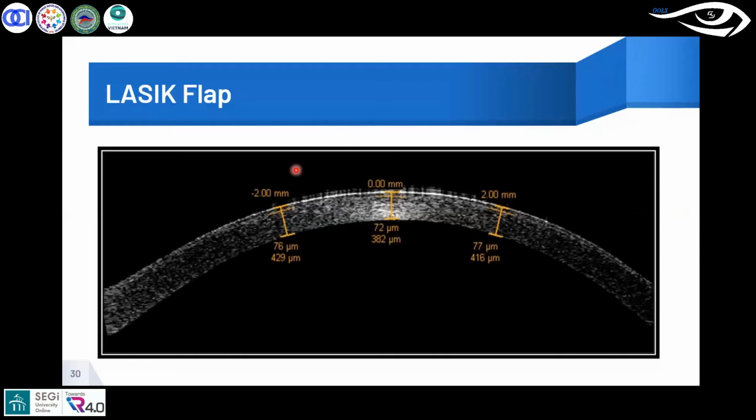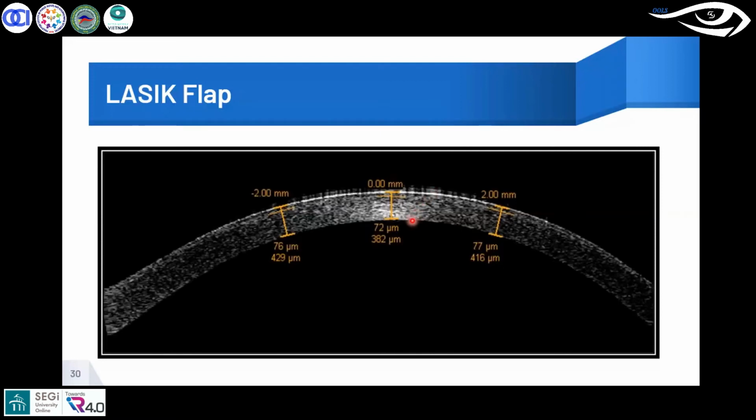These flaps are supposed to be centered. They have to be very centered and ideally look a little hyper reflective compared to the other location of the cornea. So it has to be uniform as well, and it has to be stable, and it has to have no wrinkles. So that is how an ideal LASIK flap should look.